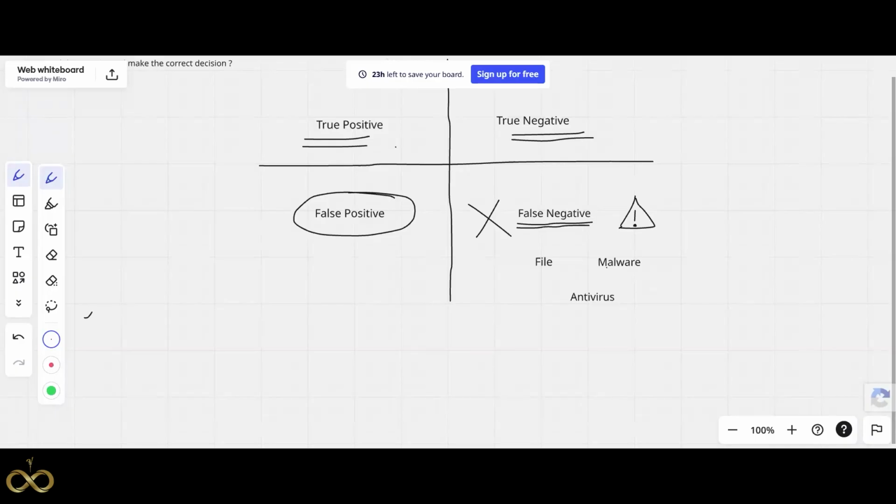Next question. A vulnerability scanner scans a fully patched server and reports no vulnerabilities. The server is actually secure. Which of the following is this? See, now I'm getting two answers.